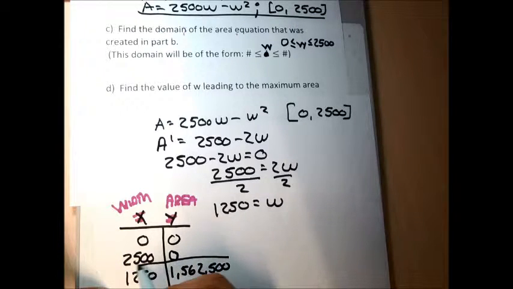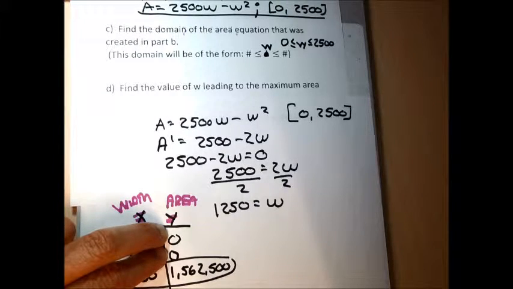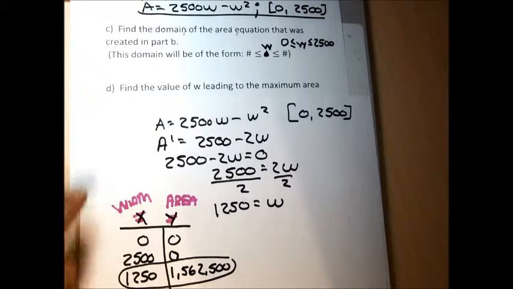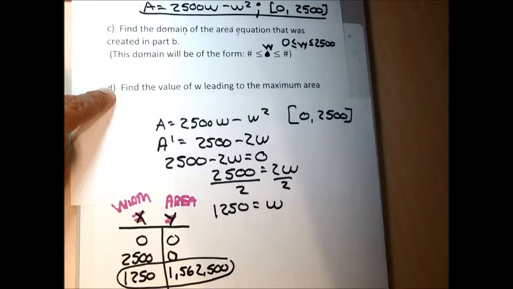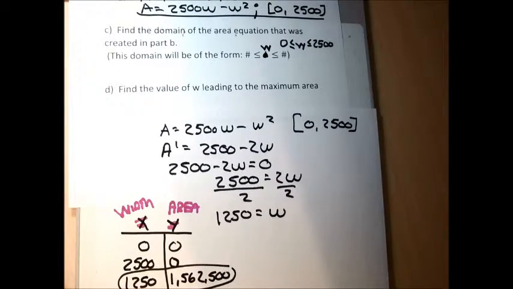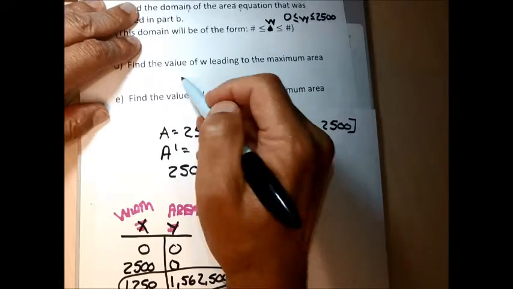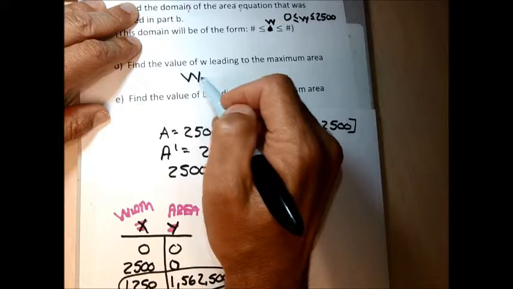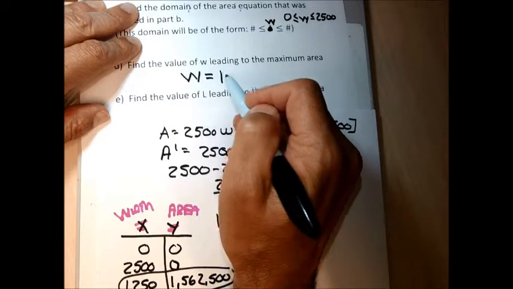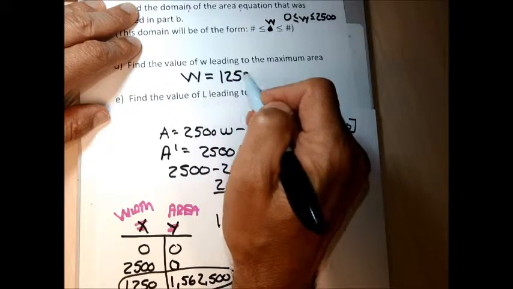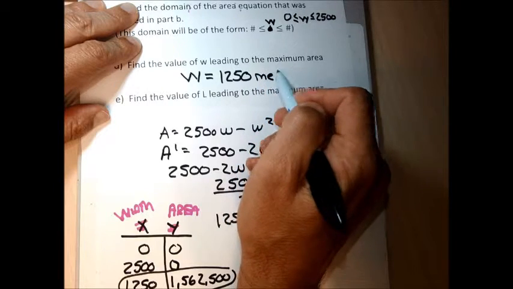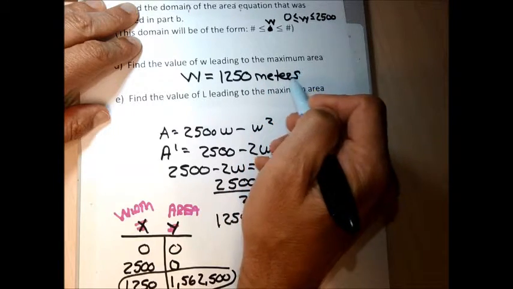This is going to be the point that I'm going to be looking for, because these aren't the maximums. I'm trying to find a maximum. So the value of width that leads to the maximum is 1250. And because I'm building a length and the units are meters, I'm going to say it's 1250, and then either write a symbol for meters or a word for meters.